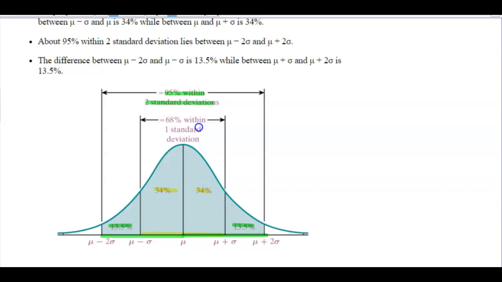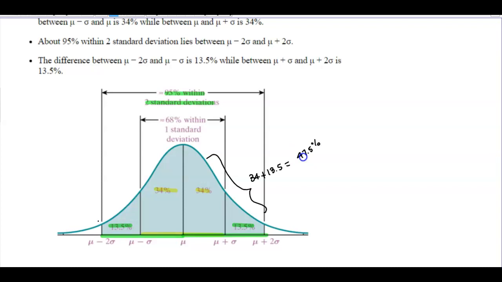Okay, now if we added this 34% plus 13.5%, that's going to give us 47.5%.